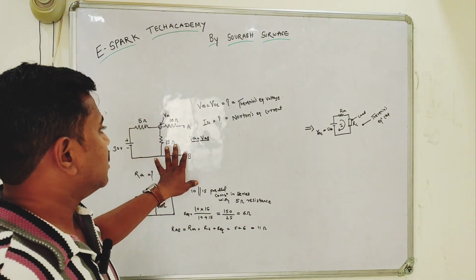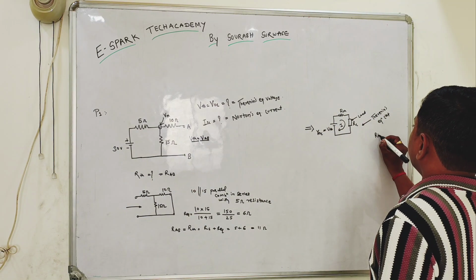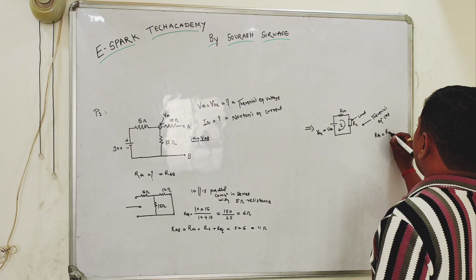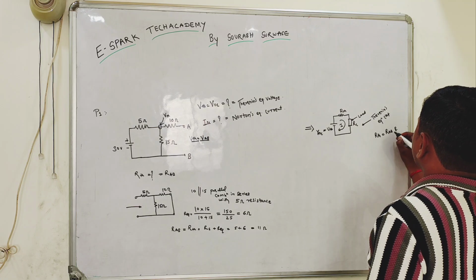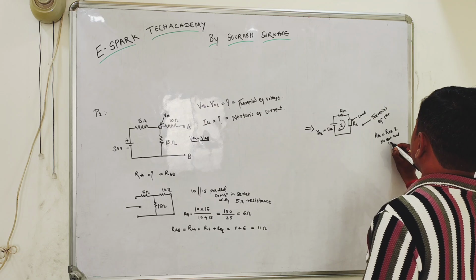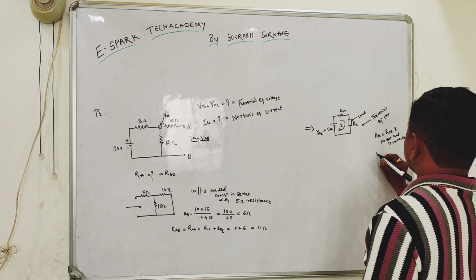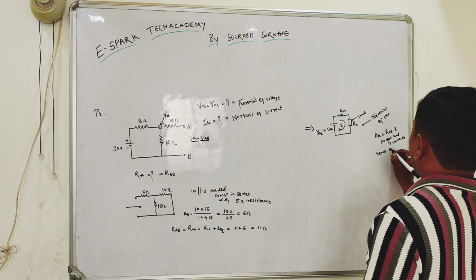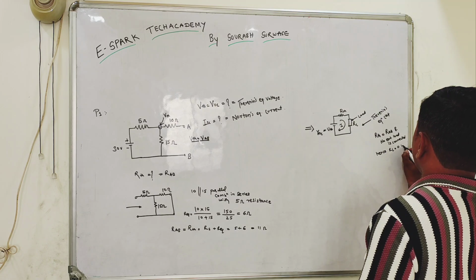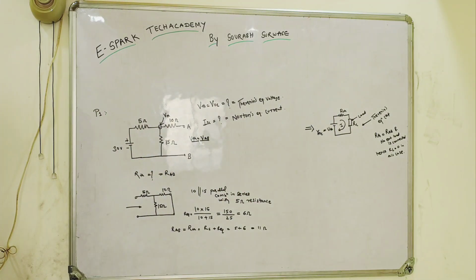In this case RTH is nothing but RAB, and no external load is given, no external load is connected, hence RL is equal to 0 in this case. This is Thevenin's equivalent, which I have just now explained to you.